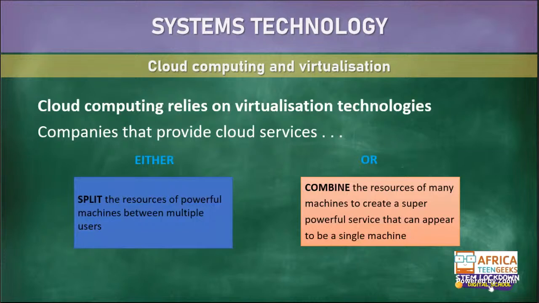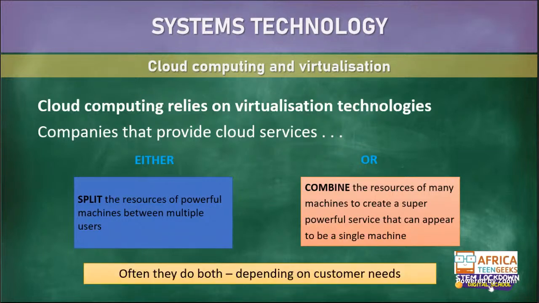So powerful servers can be combined virtually into one super powerful computer. Sometimes these companies do both depending on the customer needs. Either they split or they combine, depending on what the user needs.